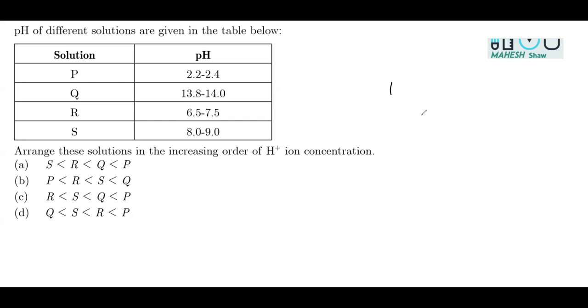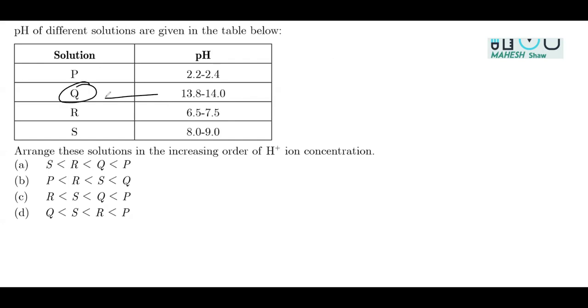So one more time, we are actually looking to arrange these P, Q, R, S in increasing order of their H plus ion concentration. So we can now conclude that the highest H plus ion concentration will be in P, the one with the lowest pH.